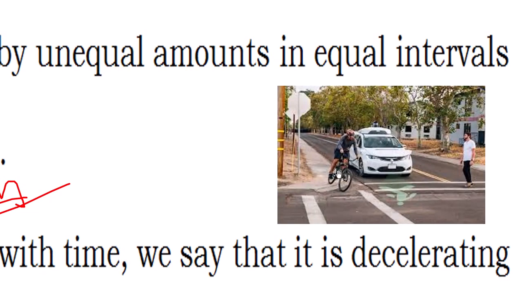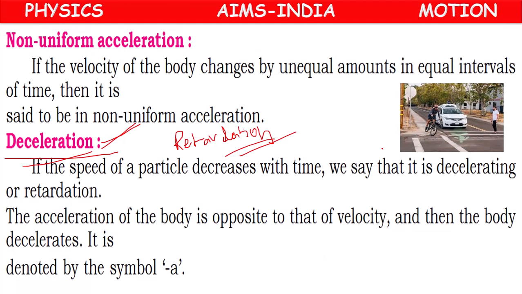Suddenly a person comes in front of the car. What will we do? We will apply the brake. If it is traveling with great speed, because of the brakes, the car's speed will be decreased. That decrease of speed or velocity is called deceleration or retardation or negative acceleration.